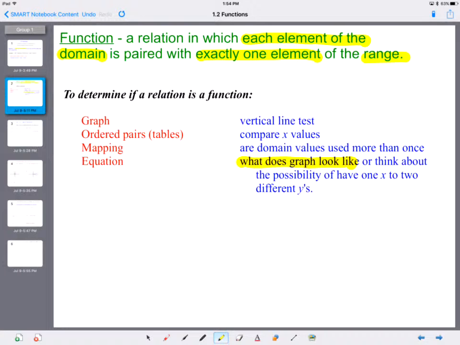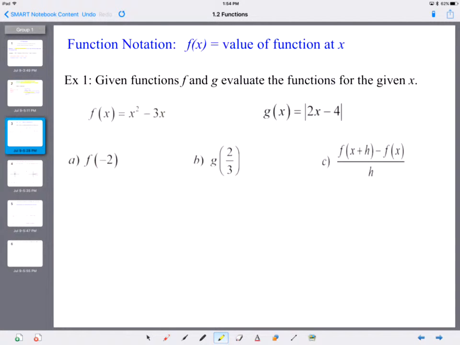Think about if you plug the value in for x, would you get two y's back? If you did, then it wouldn't be a function because it doesn't match up with that definition. So that's what we're looking at in terms of identifying whether a relation is a function based on the different ways that we see it.